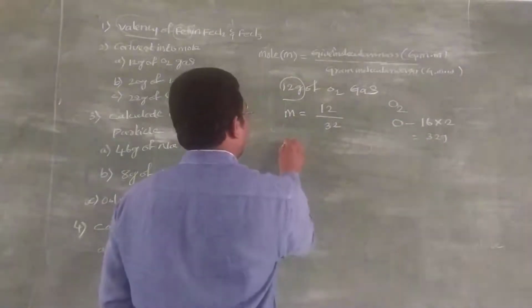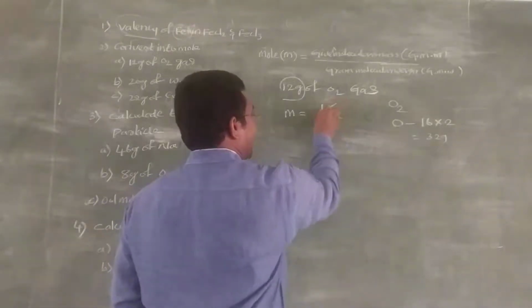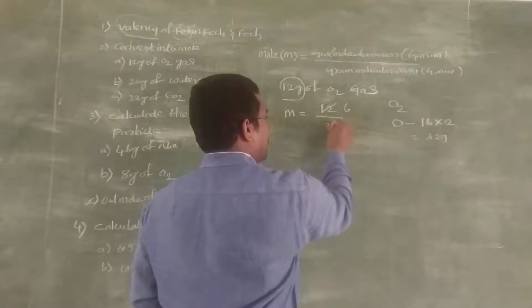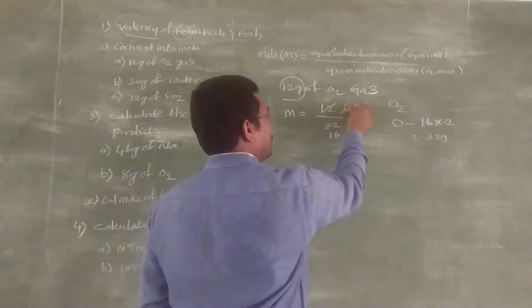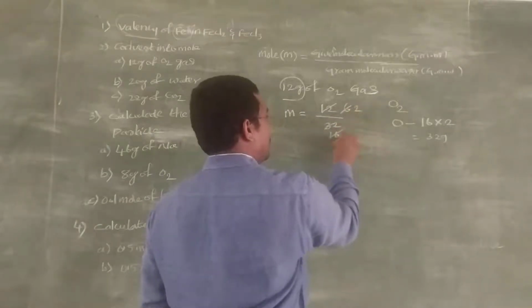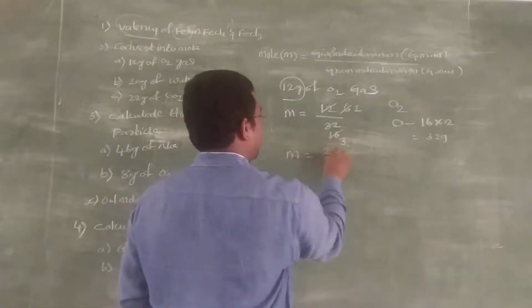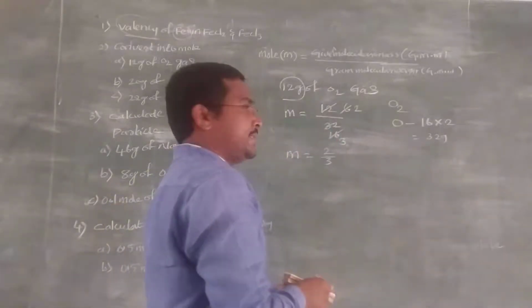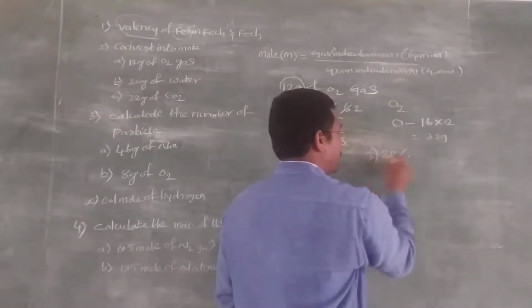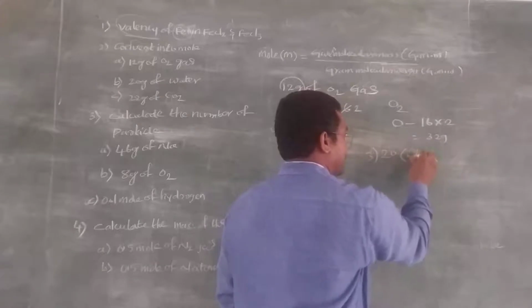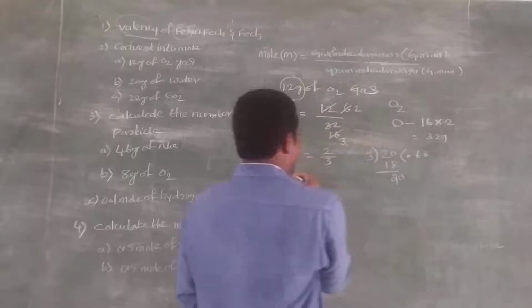So here M is 12 by 32, simplified 3 by 8.